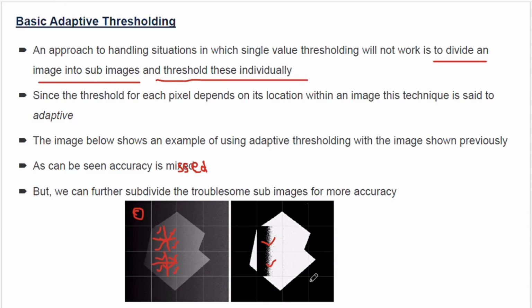For all these blocks or for all these sub-images, the output is nice and accurate. Only for these blocks, the output is not correct. That is the reason, again, you divide those two, and again you go for thresholding individually. Then after 2-3 iterations, you're going to get the exact output. Okay, so this is about basic adaptive thresholding.